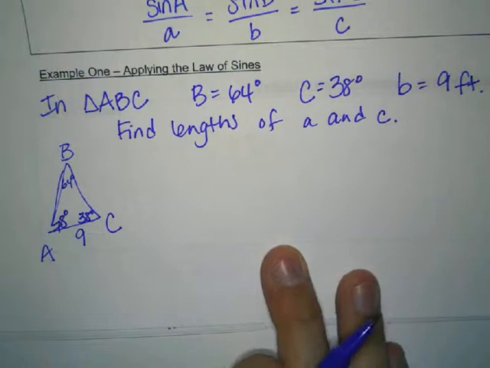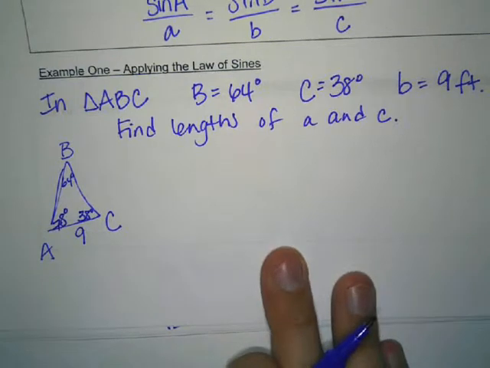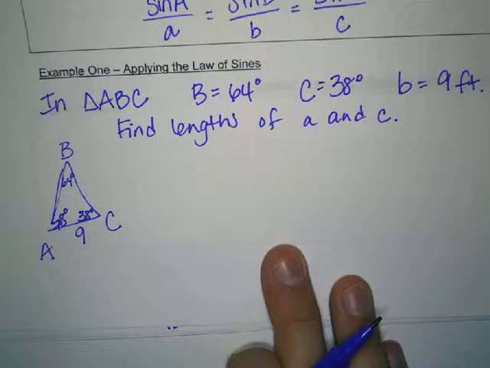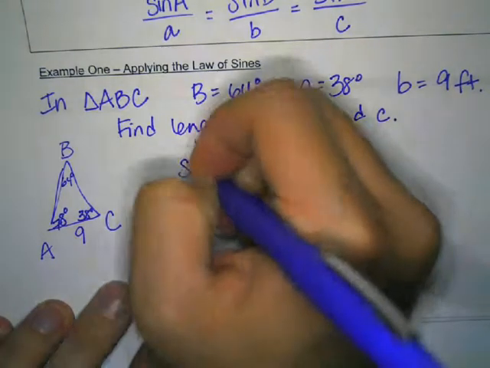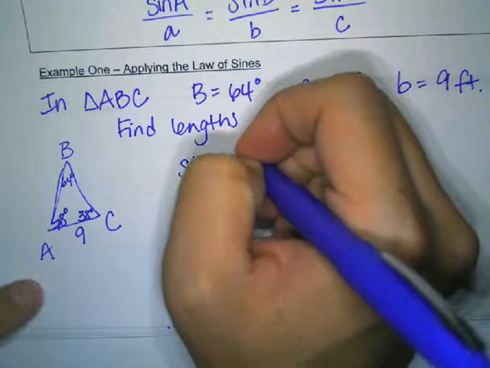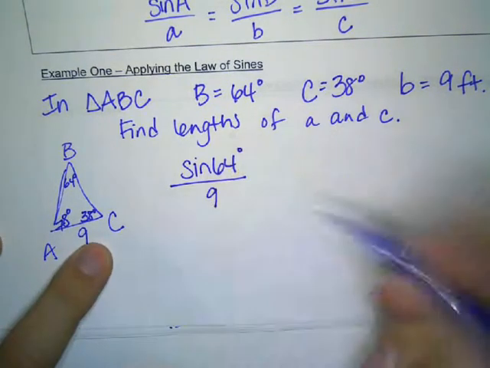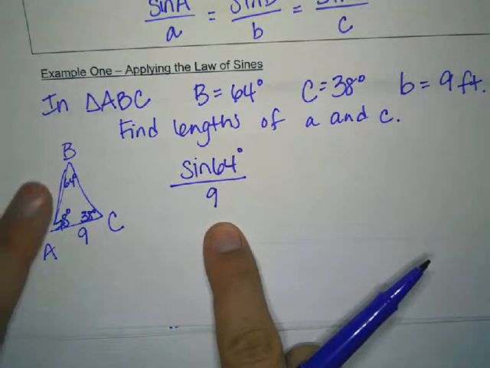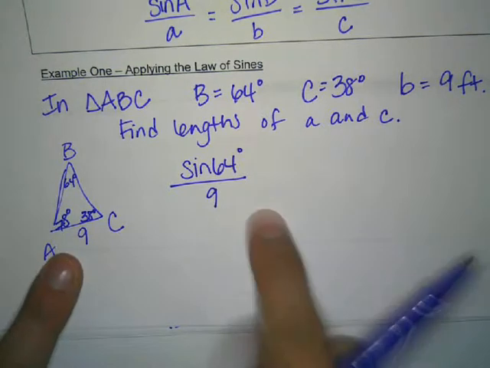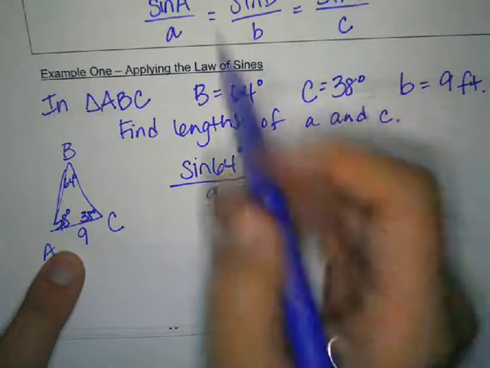To set up the law of sines, you always start with the pairing that they give you. What's the pairing that they give me right now? Pairing meaning angle and side that go together. Angle B, right? Because angle B has the side length for B. So that's the first ratio I'm going to start with. I know that sine of 64 degrees over the side that's paired with it, so sine of 64 over 9, is going to be equal to one of these other ratios up here.